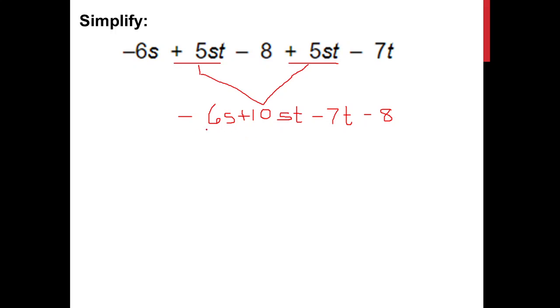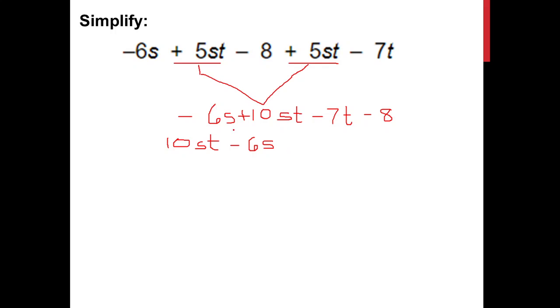Or we can just rearrange this one so that the first term is positive. So let's go ahead and rearrange the terms here. I'll start with this one. Since 10 is positive, the positive sign becomes invisible or imaginary. And then I'll proceed to this one, 6s.